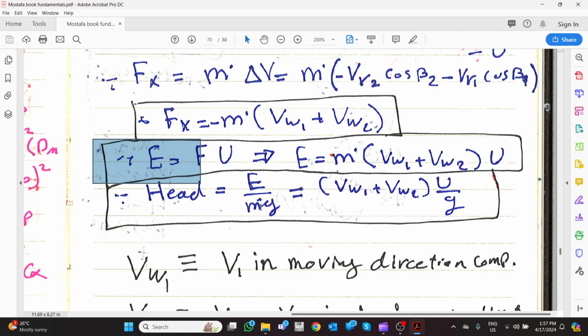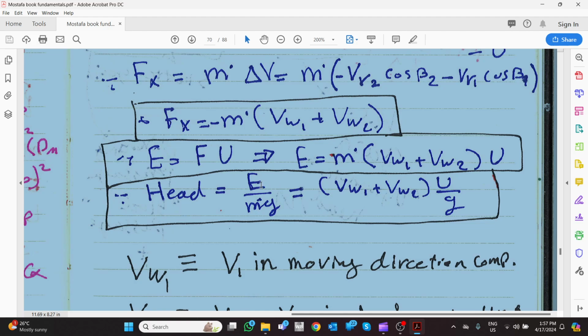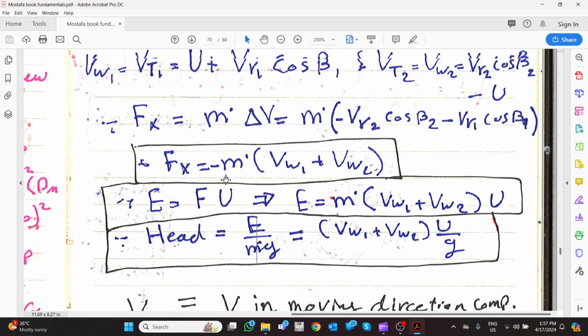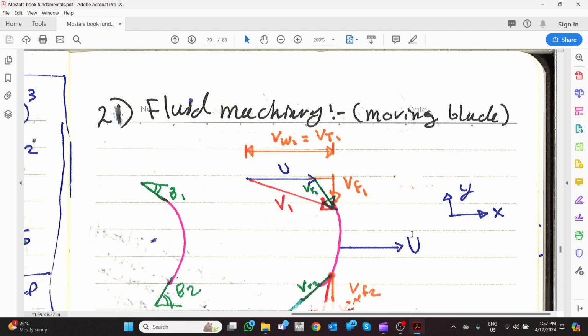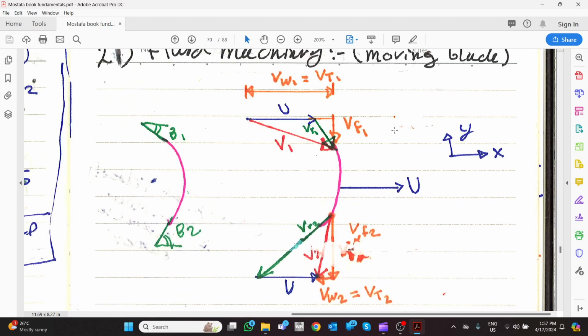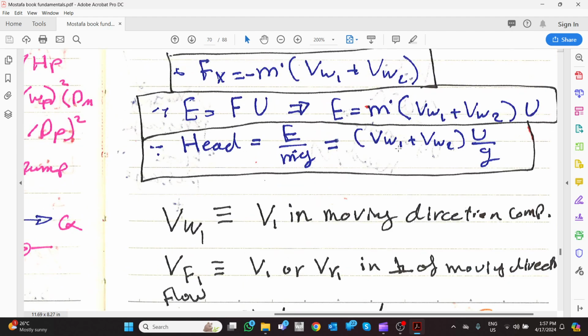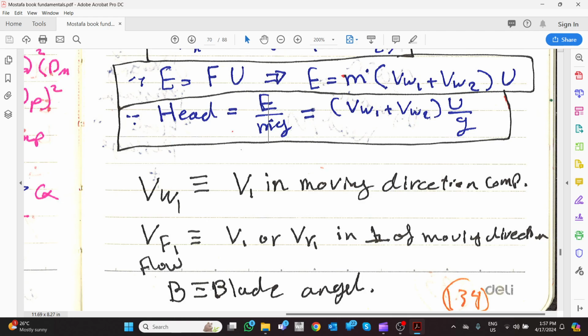We know that the energy divided by mg, if you remember, is equal to head. So head is energy divided by mg, which is equal to the same expression divided by g. So you are giving a head to, for example, if this is a turbine, you are giving a head to the turbine equal to whirling velocity 1 plus whirling velocity 2 multiplied by the moving velocity u divided by g.